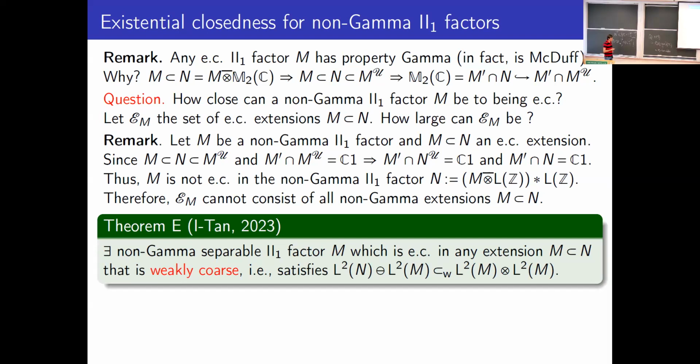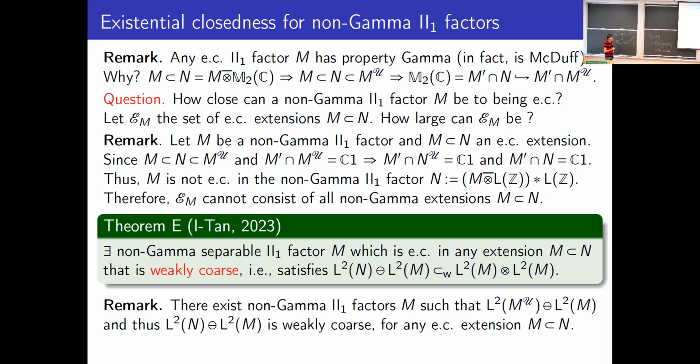And I should say that in some sense, this is the best you can do, because of the following observation. There exist non-gamma II1 factors such that the orthogonal complement of L2 of M inside L2 of M to the U is weakly coarse.